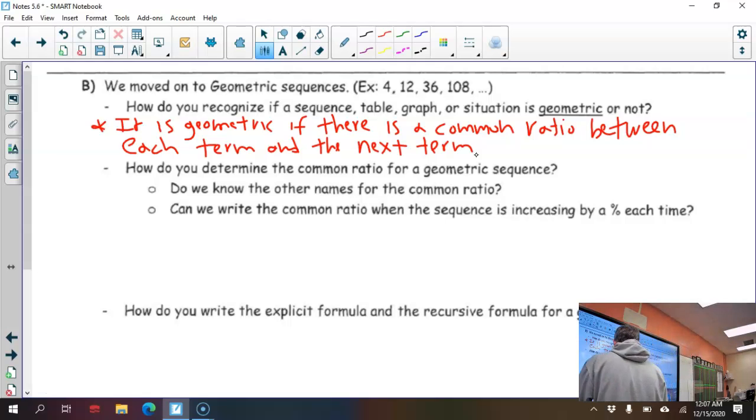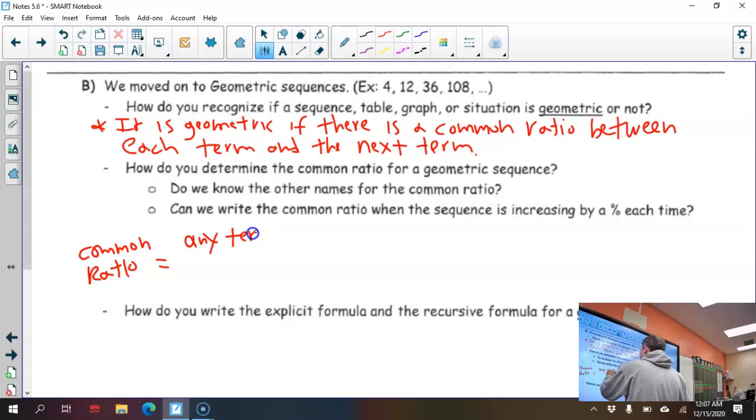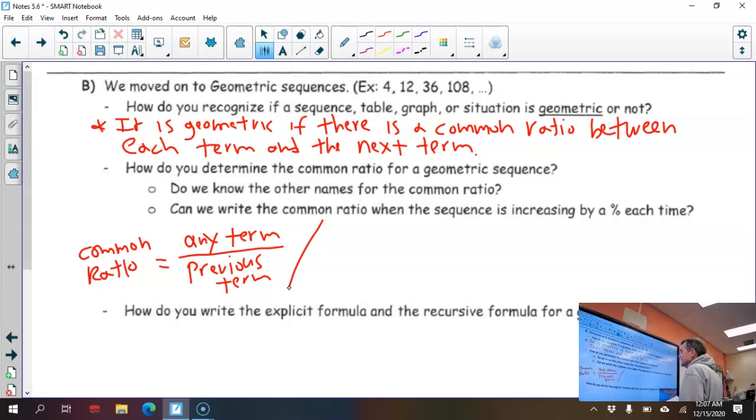All right, so let's start with the first one there. Common ratio equals any term divided by the previous term. Boom, that's one.